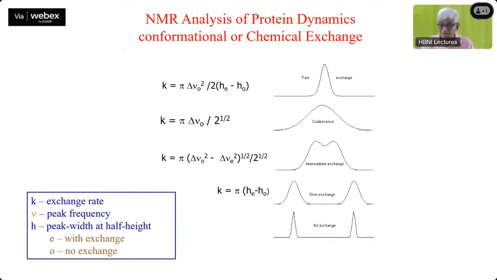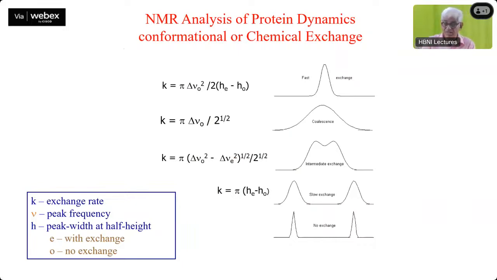So this is a kind of coalescence here. At that point, the exchange rate is approximately equal to delta nu 0 divided by root 2, where delta nu 0 is this separation. From this we can measure the exchange rate. Whenever you get this situation when you do the temperature variation, at this point the exchange rate is given by this particular formula.